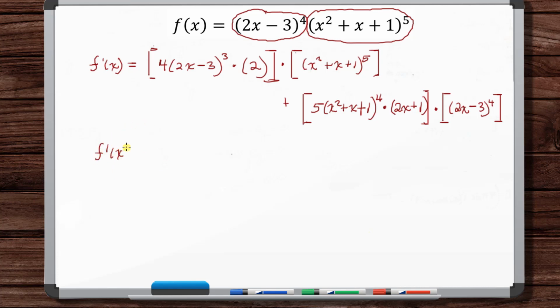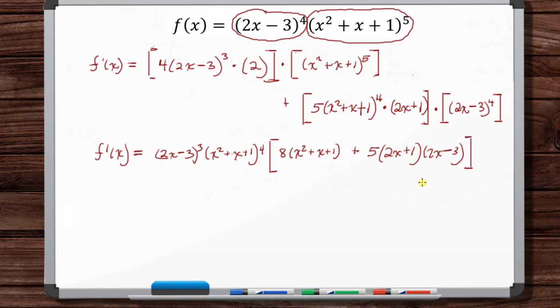So f prime of x is equal to, what can we factor out here? So we could take out a 2x minus 3 cubed and an x squared plus x plus 1 to the fourth. Okay. And then what we're left with is, okay.